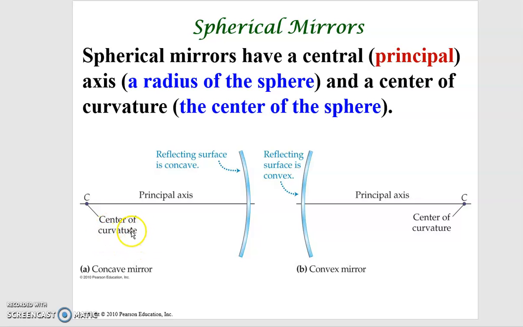So what does it mean? This line can help you determine how curved the spherical mirror is. Because this is the center of curvature, C, you can basically say that the distance from C to the surface of the mirror is the same, no matter to which point.